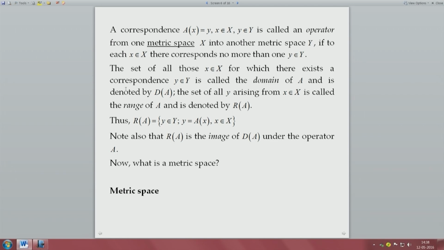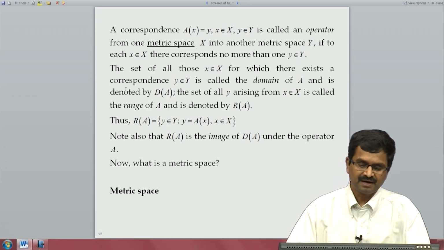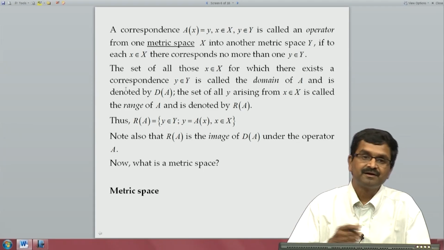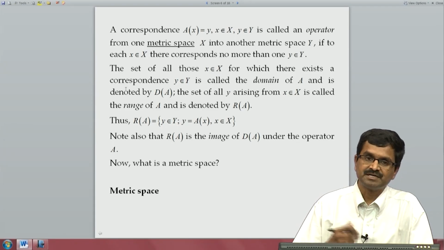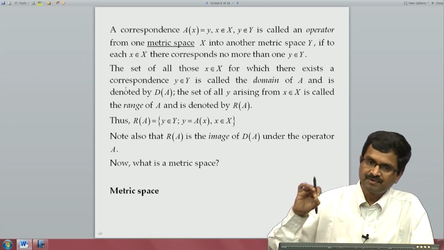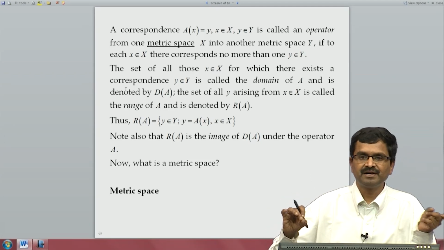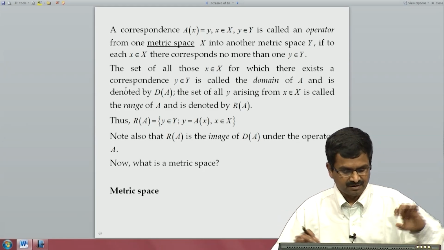We have underlined this metric space, and we will define it. What is a metric space? And there will be the domain and range that you are familiar with for a function. Similarly here also, when you say it is an operator, there will be a domain for the operator. You take an element from the domain and find something in the range, which is the output.